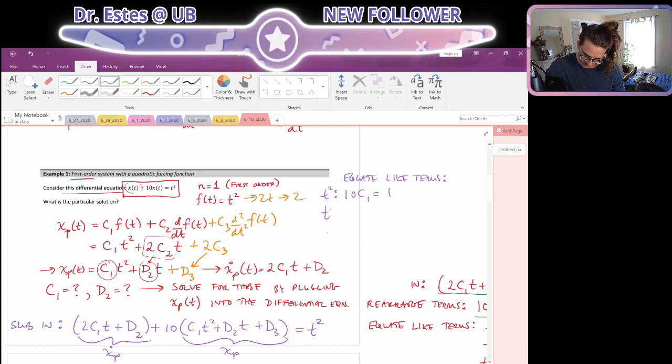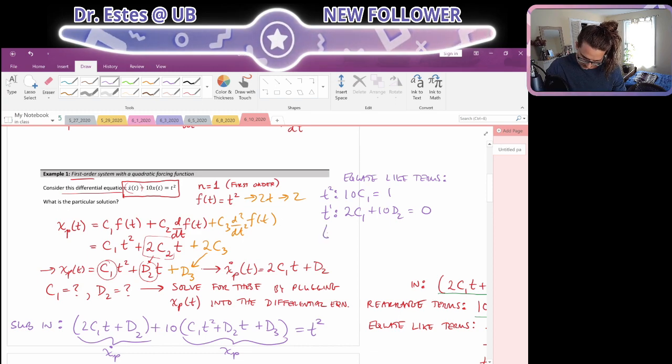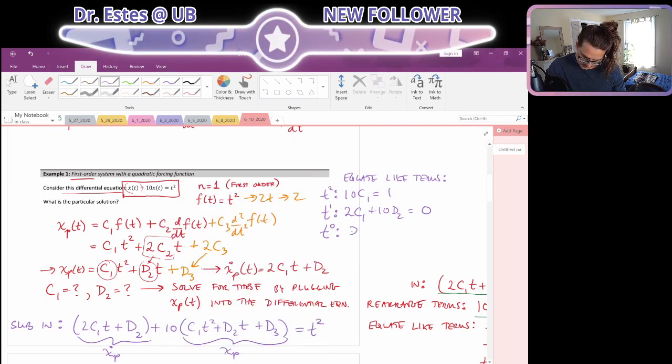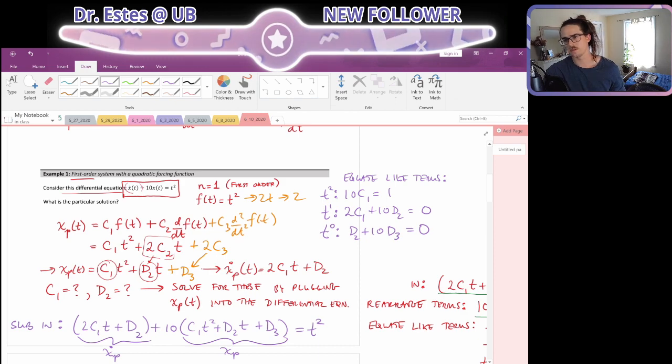And then if we equate t to the 1, we'll have 2c1 plus 10d2 equals 0. And then if we have t to the 0, we'll have d2 plus 10d3 equals 0.